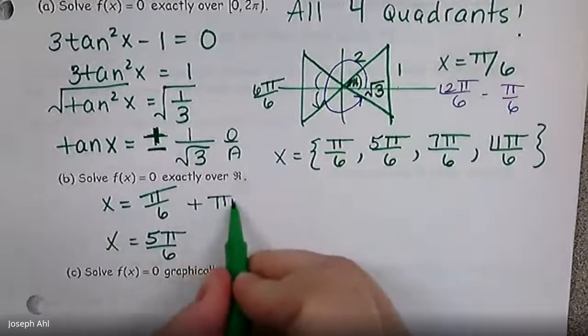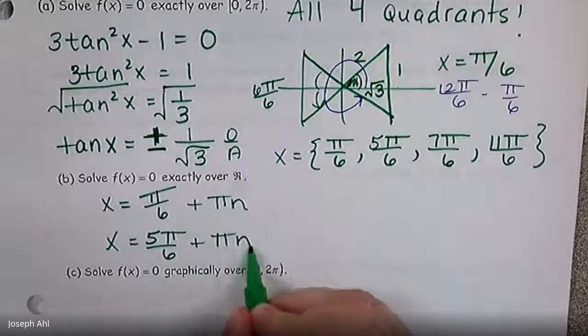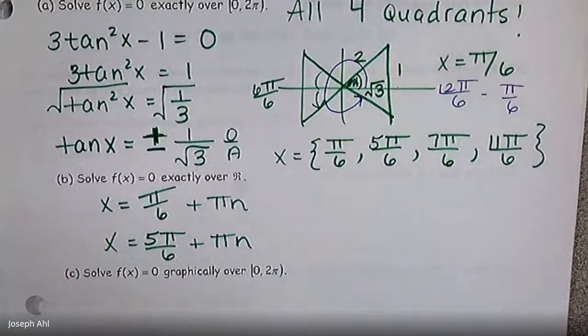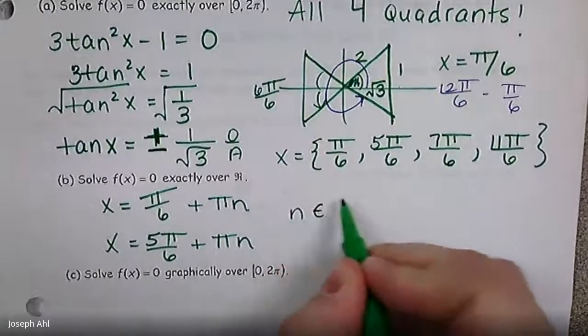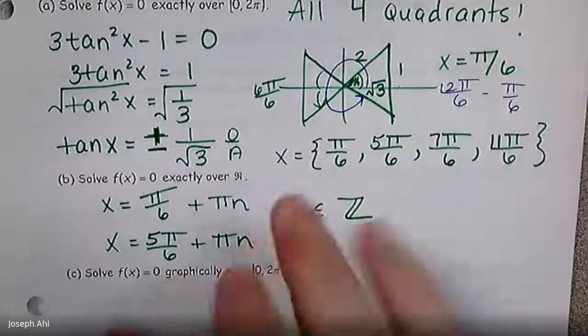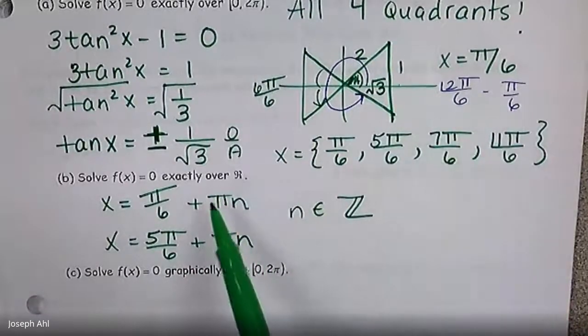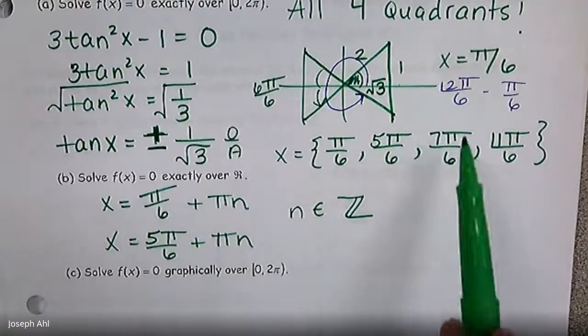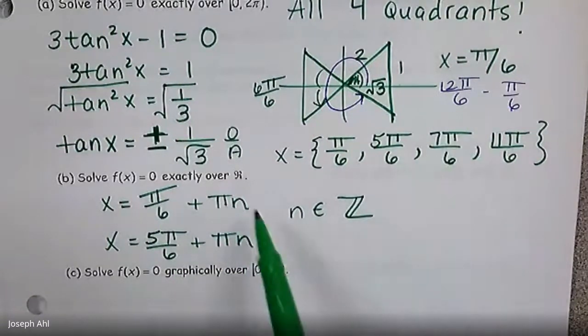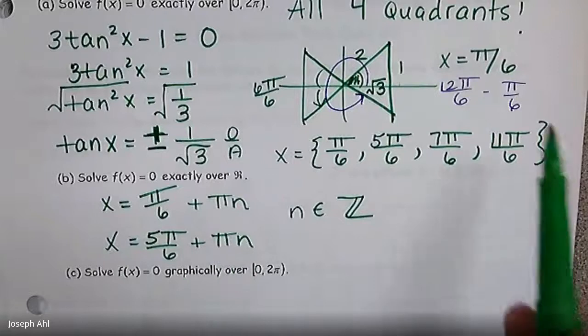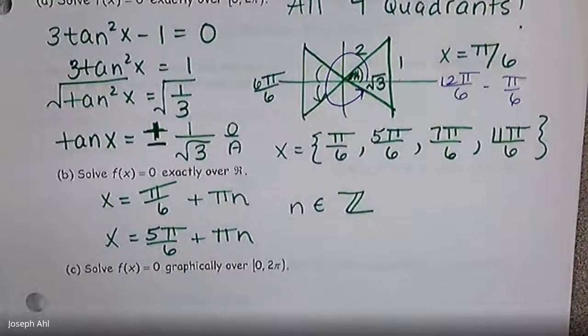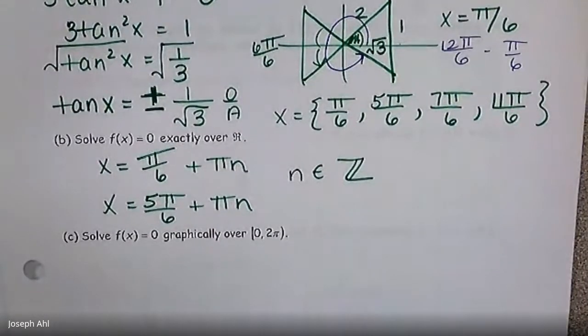If you add on, instead of 2 pi n, the period of the tan curve, which we'll get to much later on in the year, is pi n, where n is an element of the integers, that would account for all the solutions. Okay. And by the way, I don't need to include these two, because if you add on pi to pi over 6, that's 7 pi over 6. And if you add on pi to 5 pi over 6, that winds up giving you 11 pi over 6. So it gets all the other solutions.